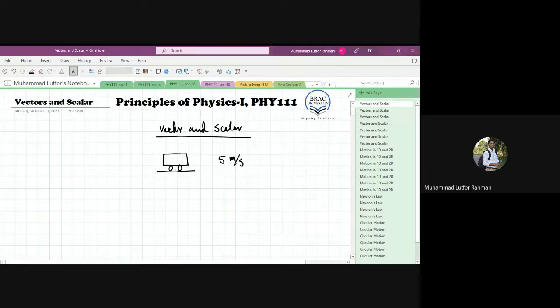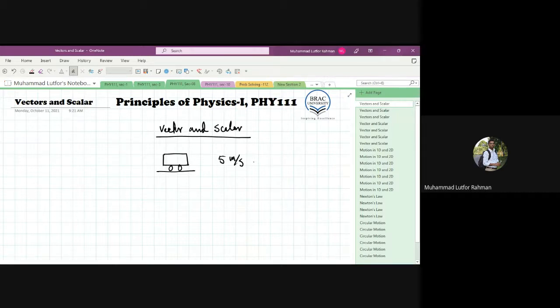But if I say the car is traveling 5 meters per second towards the north, then it would be a vector, right? Because when I'm saying the car is moving at 5 meters per second, I didn't say which direction it is moving. So that's why it has only the magnitude, 5 meters per second. That would be basically the speed. This speed is a scalar quantity.